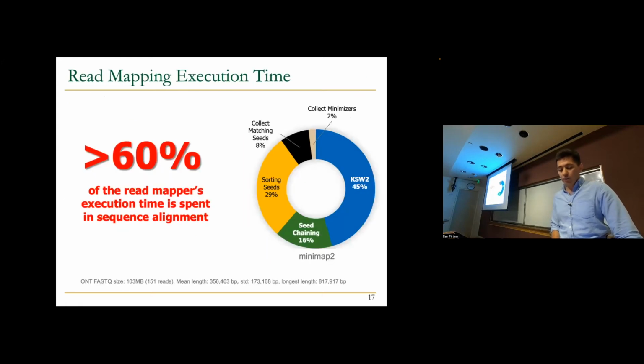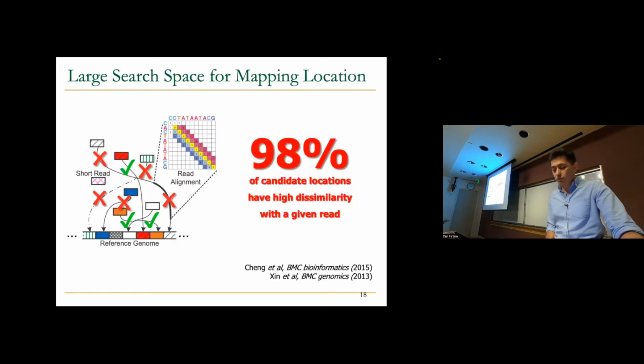So for example, when we profile the read mappers, we see that around 60% of the execution time for read mapping is spent for read alignment, which usually consists of the alignment part itself and the seed chaining part. This is of course because sequence alignment is costly because we use DP-based approaches, but there is also one more reason for that. What we also observe is that most of the time we're actually doing redundant work.